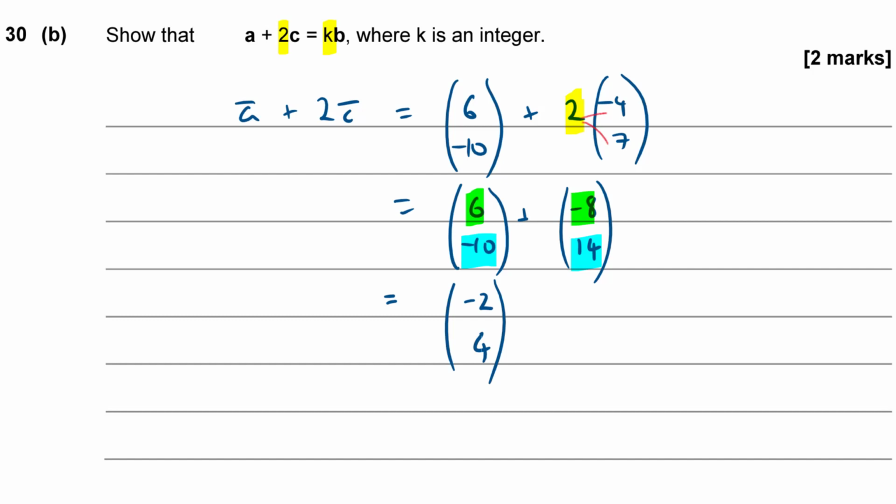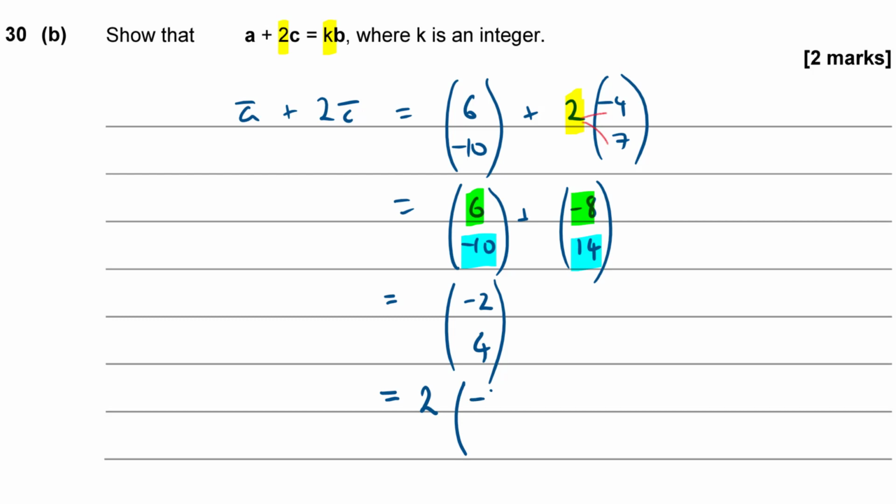Now if you remember, B was the vector minus 1, 2, which is half really, half the numbers, isn't it? So if I take minus 2 and divide it by 2, I get minus 1. If I take 4 and divide it by 2, I get 2. So another way of thinking about this is I've got 2 multiples of 2 here, and I can factorize out that 2 and write it as a scalar at the front.